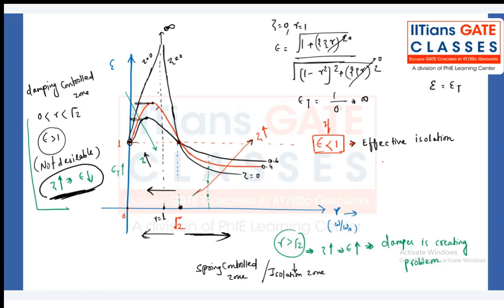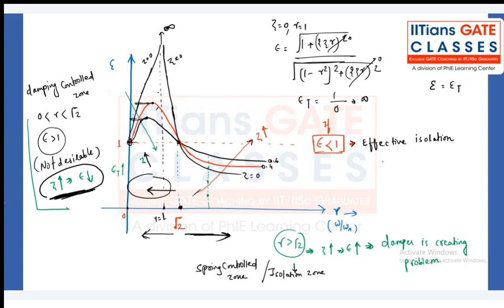In this particular zone, I have two values, 0.4 and 0.6. For which value do you have the highest transmissibility, for the red color? That means if you have a low damping ratio, you have more transmissibility. If you have more damping ratio, less transmissibility. So if you got to know that we have to work in this zone, definitely you have to increase zeta.